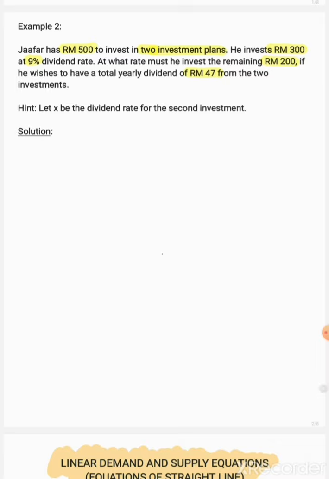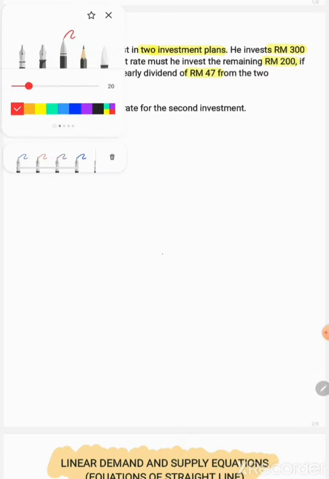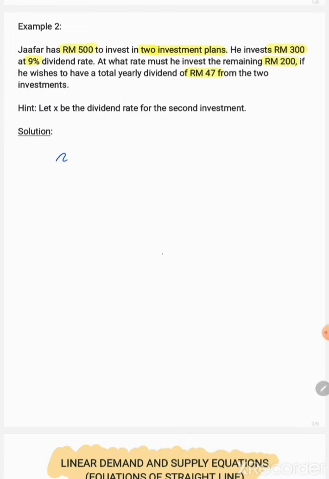So we take out all the information given. So now this is Jafar. Jafar wants to invest his money in 2 investment plans. We have here A and B. For the first investment, he invests RM 300 at 9% dividend rate.